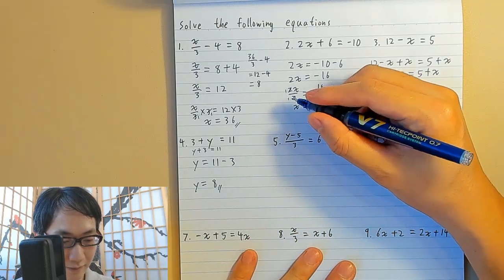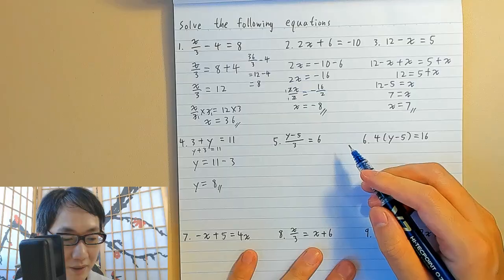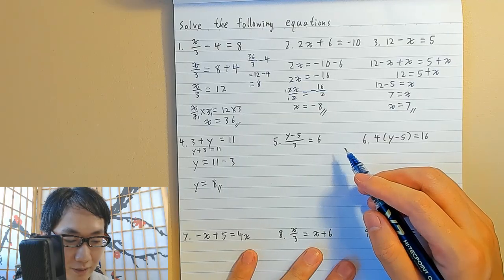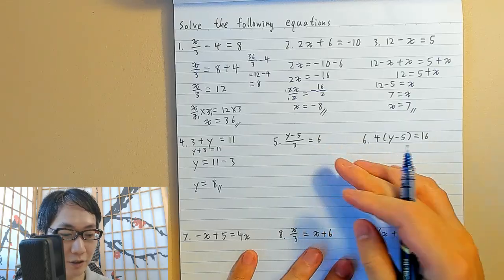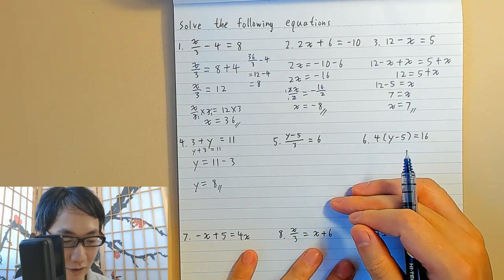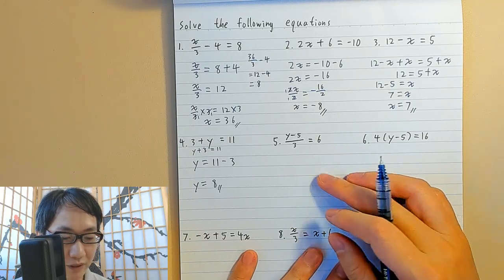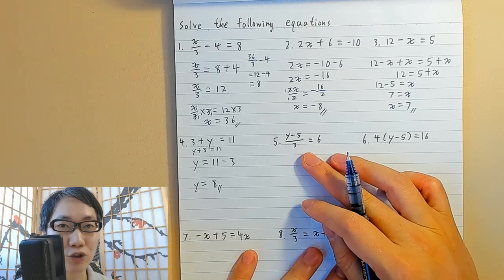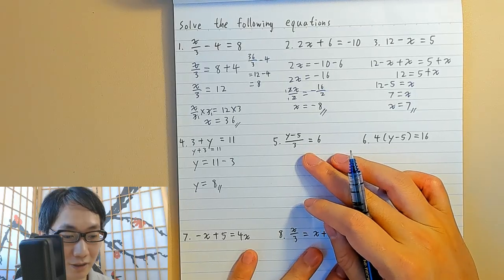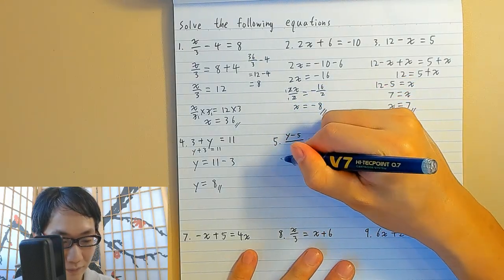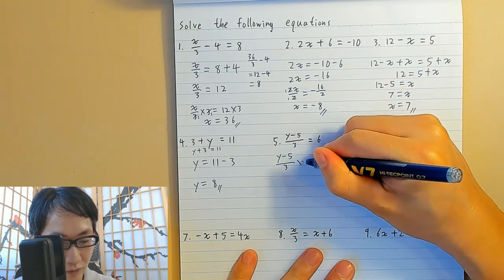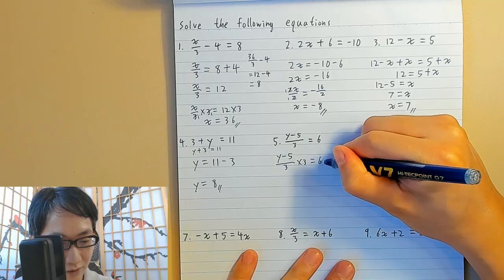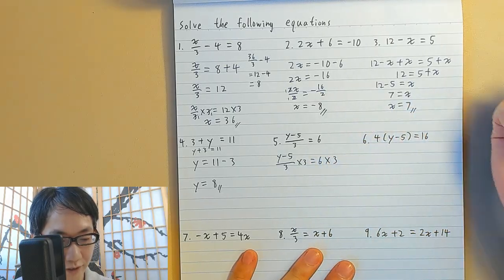And then number 5, y minus 5 divided by 3. So the whole thing is divided by 3 is equal to 6. So whenever we see a denominator, we usually remove this first. So y minus 5 over 3 multiplied by 3 is equal to 6 times 3.